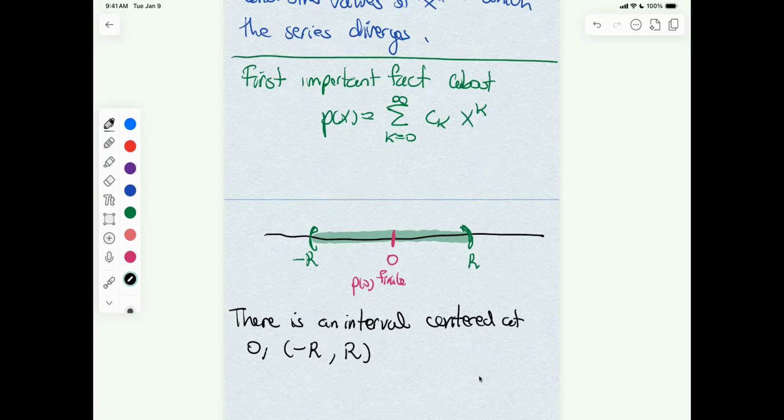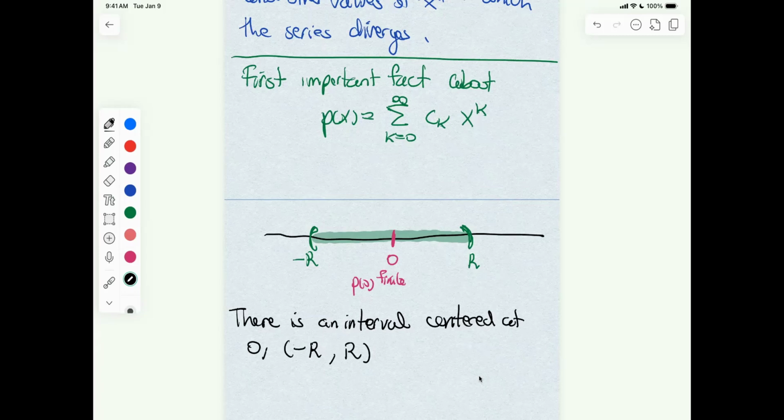Where if you choose any number inside this interval, this series gives you a finite value.